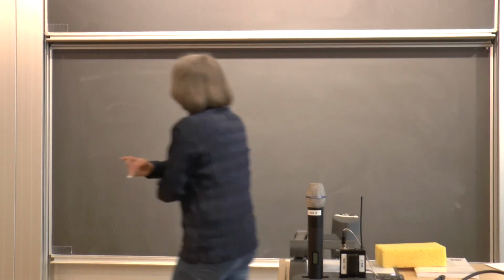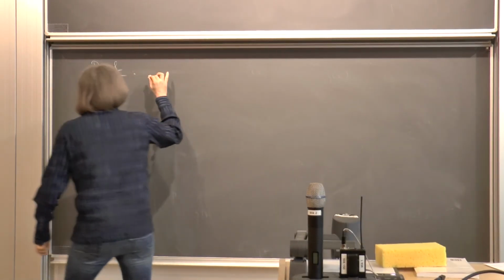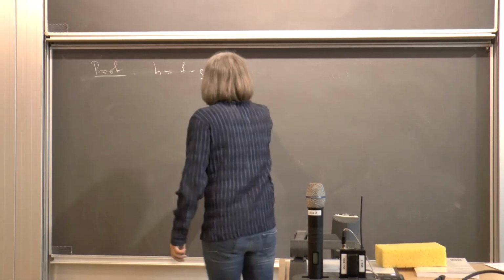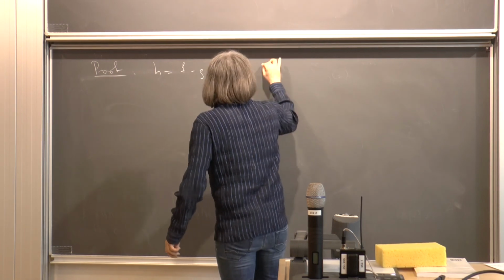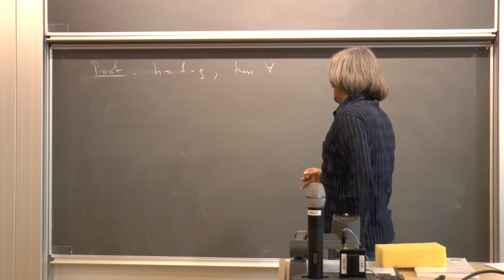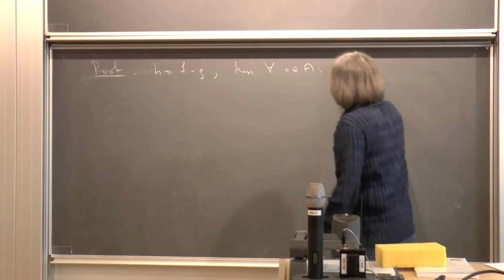So, proof. Let's take h, which is f minus g. Then every a in A is a zero of h.